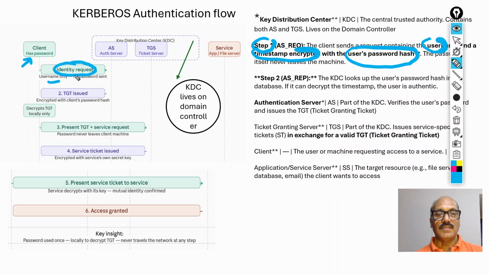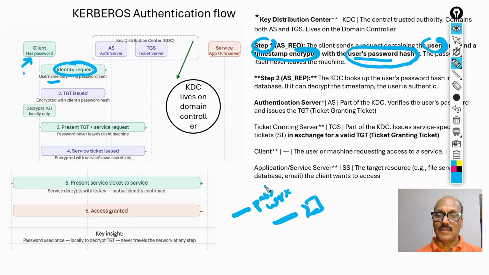So this user sends the username and the timestamp. The timestamp is encrypted with the user password hash. Remember, through hashing technology, for which we already have a dedicated video, you transform the password into a hash.